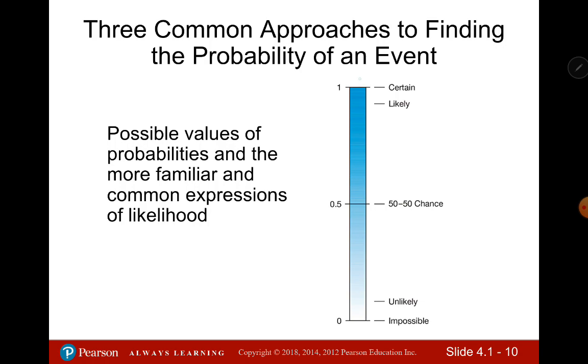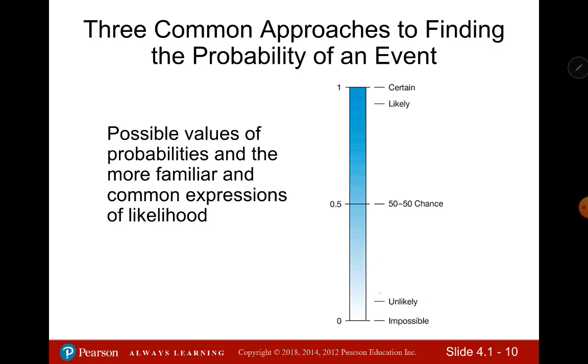But if the probability value of an event is equal to 1, then we will say this event must happen or is certain to happen.